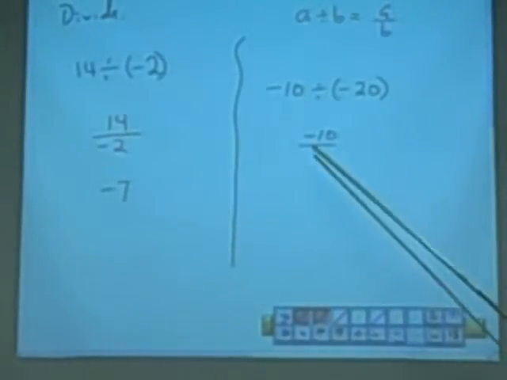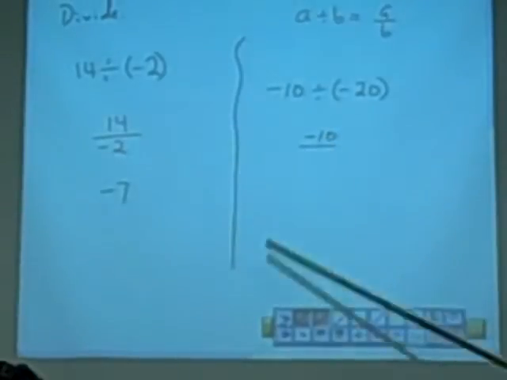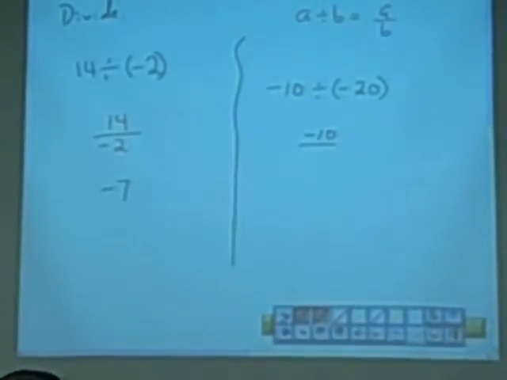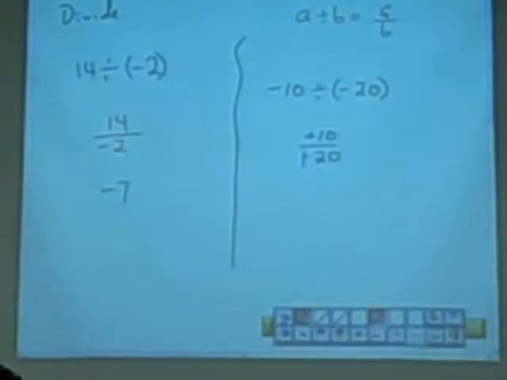Whatever's first always goes in the numerator, over a negative 20. Now we know that negative divided by negative is a positive. So we make those positive. And we know that the zeros can cancel, or 10 divided into 20. And so we end up with a positive 1/2.